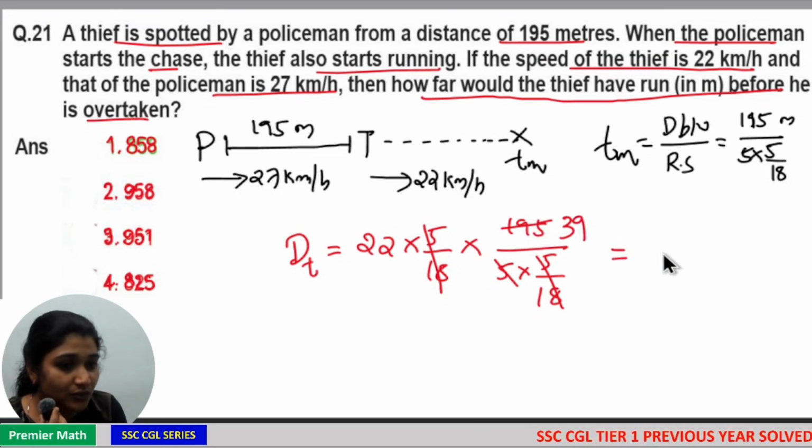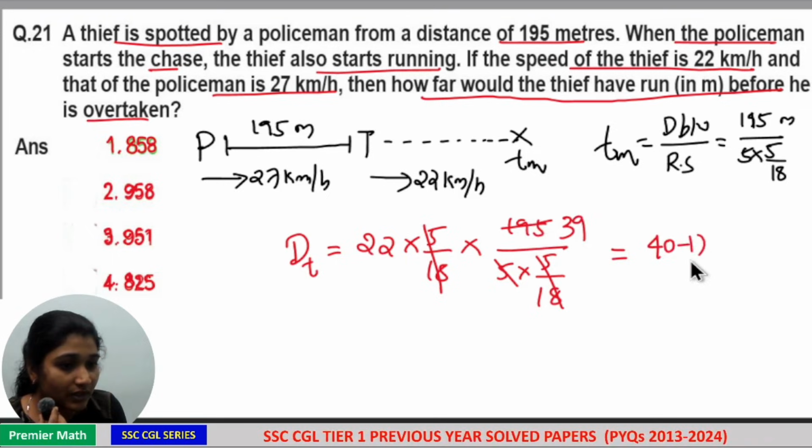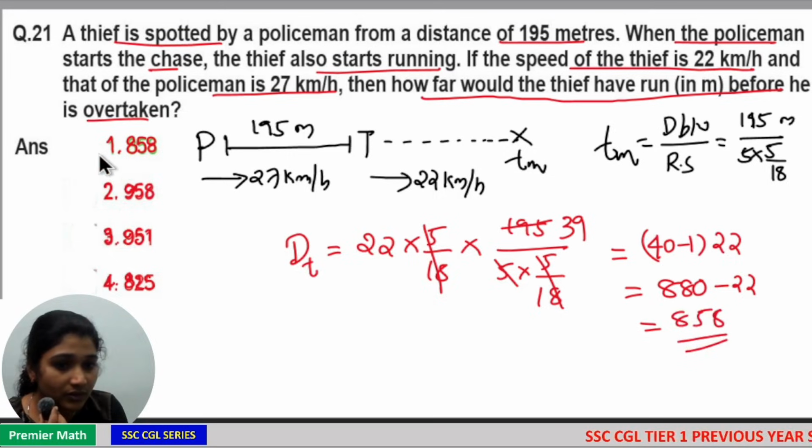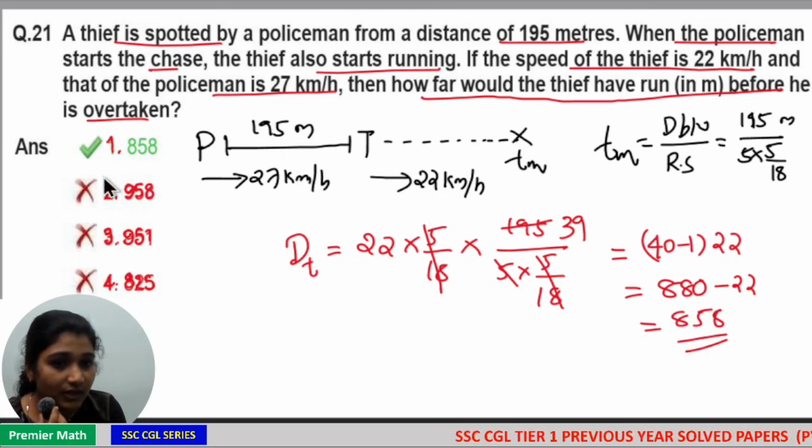So 22 into 39 is equal to, here 39 I can write as 40 minus 1. 40 minus 1 into 22, which is equal to 880 minus 22, which is 860 minus 2, 858. Option 1 is your answer. 858 meters.